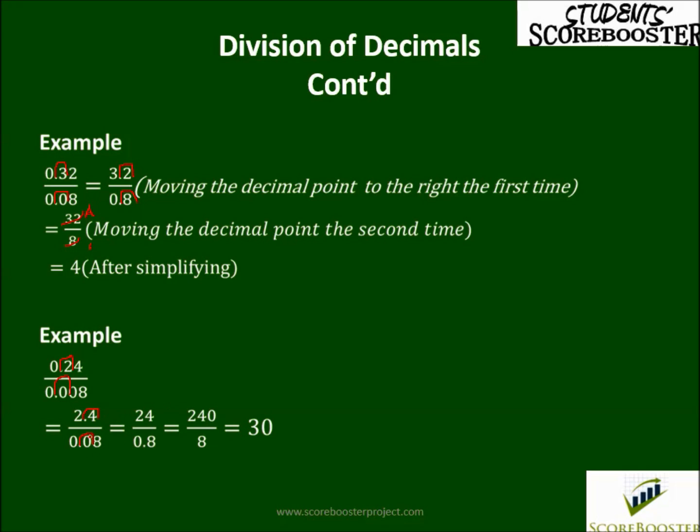So 24 divided by 0.8, you still move, meanwhile the 24 is 24.0. When you move the decimal point once more, you have 240.0, and here you have 8. So now 240 divided by 8: 8 in 8 is 1, and 8 in 24 is 3. So you have 30. So 240 divided by 8 is 30.